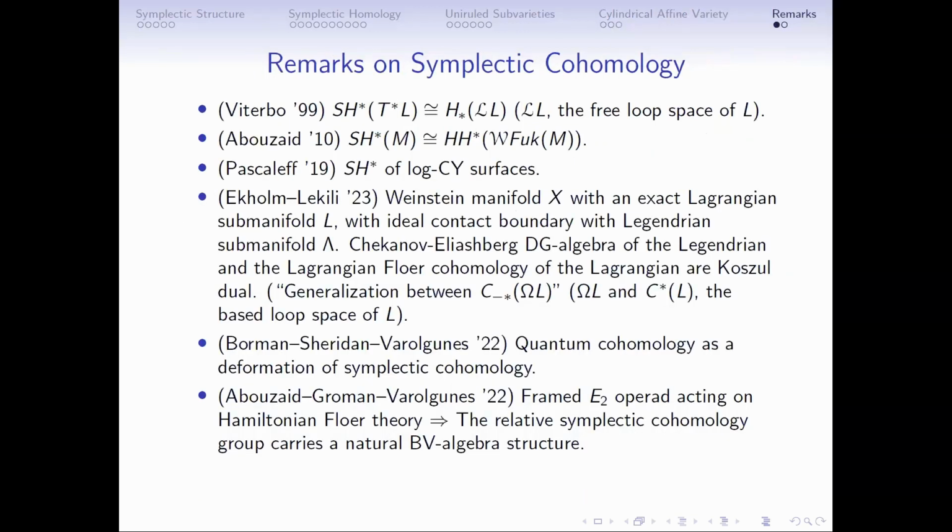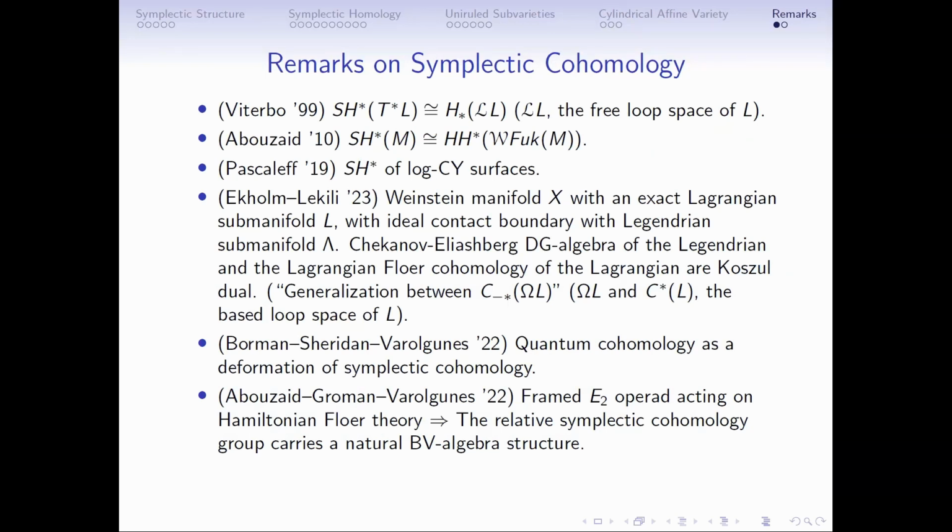But I like this part because I plan to introduce symplectic homology to people here, and I learned very interesting math from you guys. I'm not the expert, but I'll just quote some results. Viterbo showed that the symplectic homology of the cotangent bundle of a compact Riemannian manifold is the homology of the free loop space.